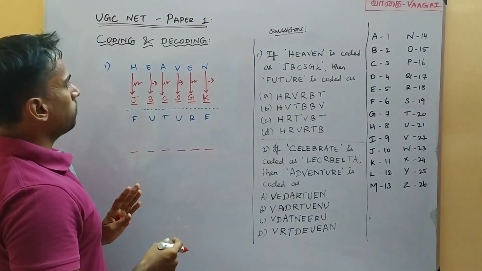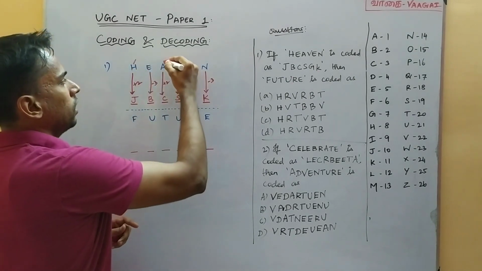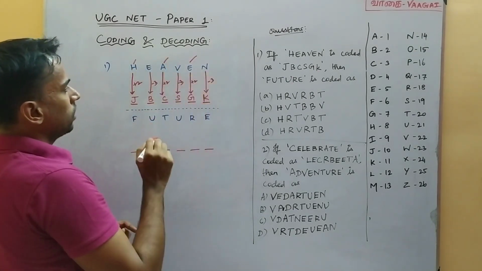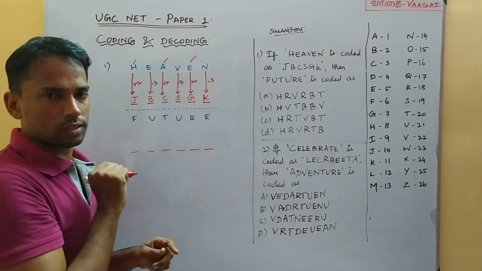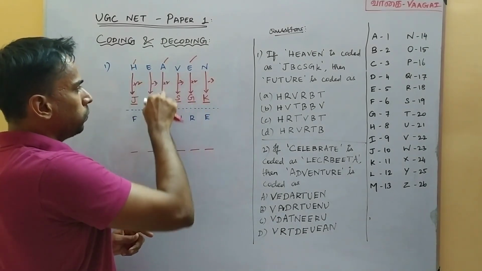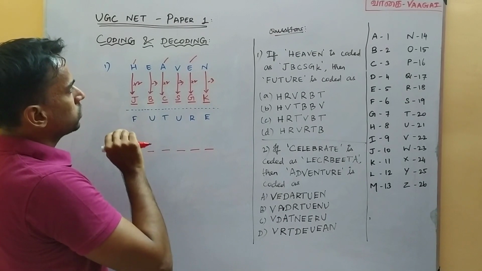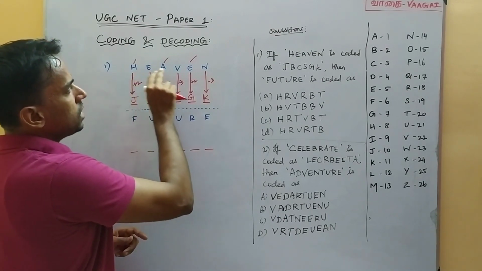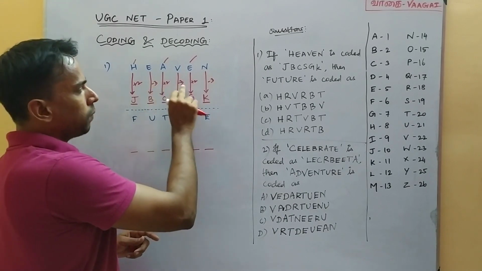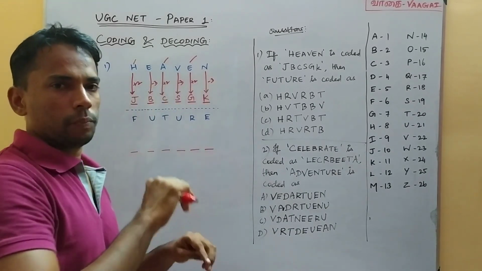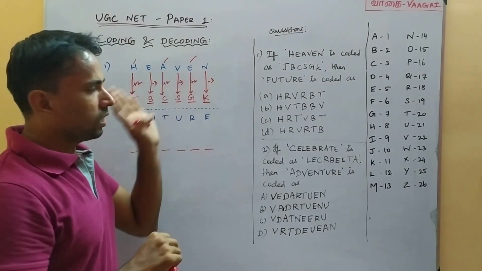If you see, the first, third and fifth letters H, A and E, they are moving plus 2, plus 2, plus 2. I think you're able to see this, right? And if you see the other places, E, V and N, they are moving minus 3, minus 3, minus 3. So there are totally 6 letters here, right?